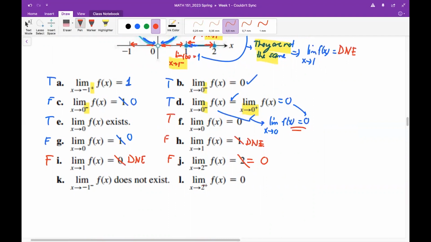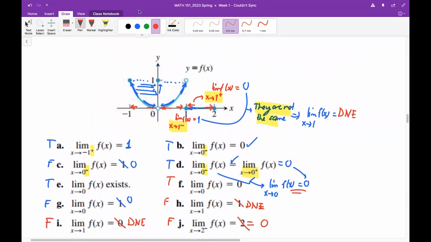What about from the other direction, right? Okay, now we are looking at this direction from right. From this direction, where is the graph? Is there any graph on the right side of 2? No, there is no graph here. Over this side, f of x is not defined, meaning that there is no graph.